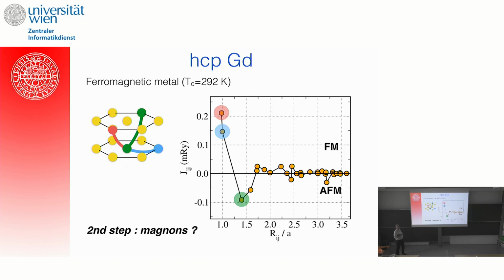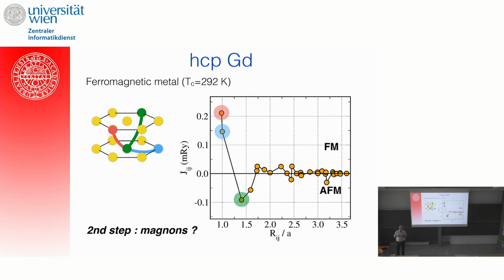So how do I know if this is true at all? How can I conclude and get the feeling if this is reasonable? One is the calculation of the Curie temperature, just like I showed for FCC nickel, comes out in good agreement with measurement. Another one is, of course, magnons and the magnon excitation spectrum. So we took these J_ij's, these exchange parameters, and the calculated moments of gadolinium, 7.6 μB per atom, set up a big simulation cell and let those spins evolve in time as a function of temperature.